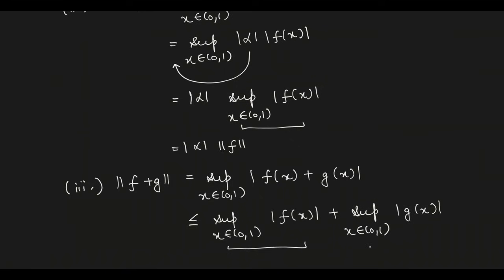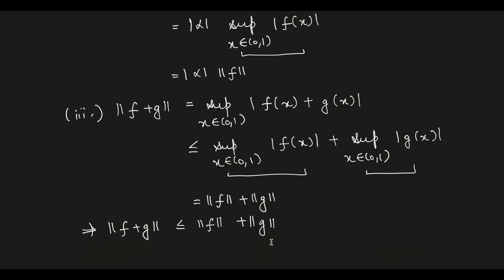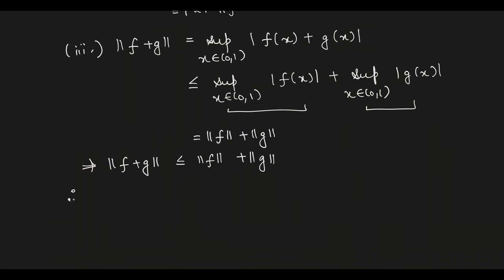This is norm f, this is norm g. So all the properties are verified. Therefore, the vector space V with respect to the given norm is a normed vector space.